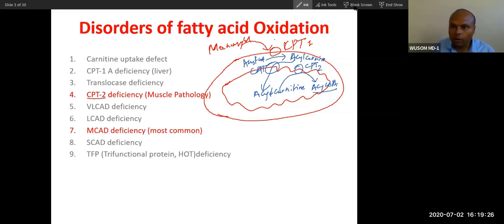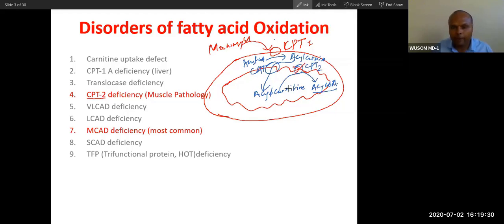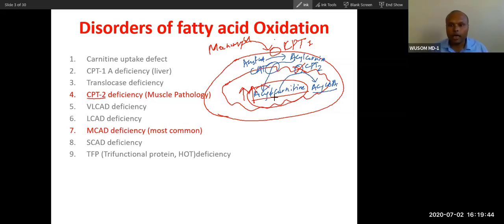CPT-2. Now tell me one thing, if this is absent, what will happen in our body? There will be a high amount of acyl carnitine in our body. Did you get this? Acyl carnitine will be high because CPT-2 is not working.